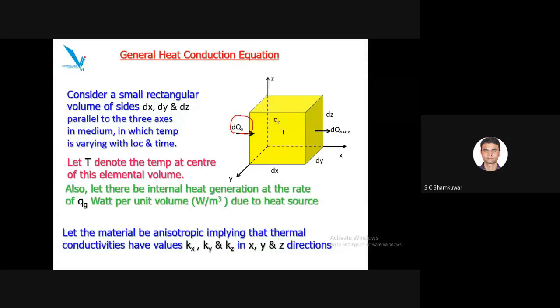Now what is dqx? dqx is a very small quantity of heat. Therefore, it is not qx, it is dqx. dqx is a very small quantity of heat which is entering the rectangle in a direction parallel to x. And what is dq at x plus dx? These two faces, this is the first face and this is the second face, are separated by a distance dx.